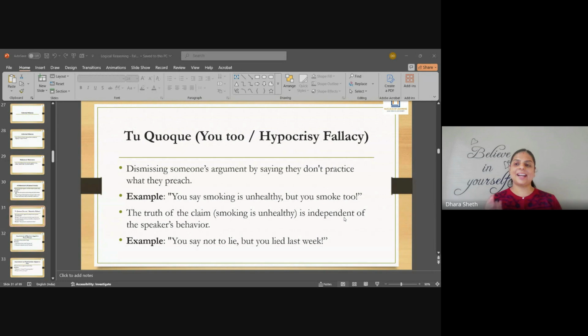That is a hypocrisy fallacy. You say not to lie, but you lied last week. The truth of a claim is ideally independent of the speaker's behavior, but when we give that argument, it is called the hypocrisy fallacy. Clear with this?